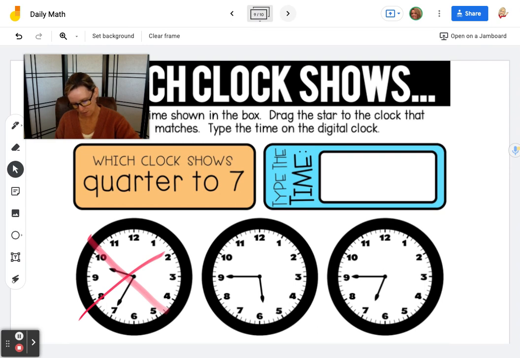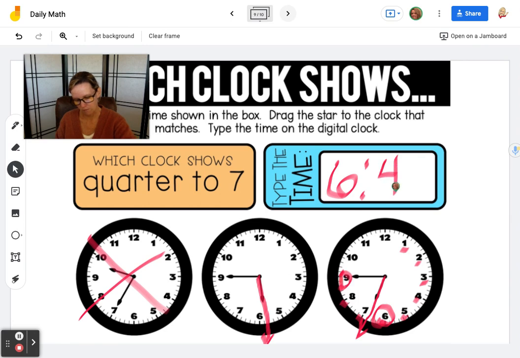So if I drag this one out, that's almost to the 6. But if I drag this one out, that's almost to the 7, right? So it's still 6. The hour is still 6, right? But it's almost 7. And if I skip count, 5, 10, 15, 20, 25, 30, 35, 40, 45.